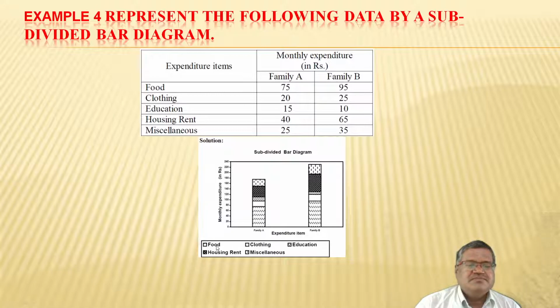This is food, clothing, this is education, this is house rent, and the remaining last one is miscellaneous. Similarly for family B also. This is called a subdivided bar diagram. The total expenditure is subdivided into 5 components here.